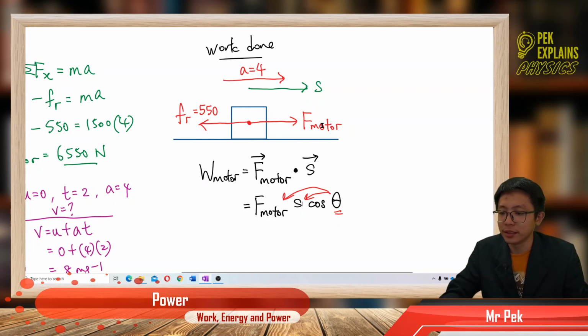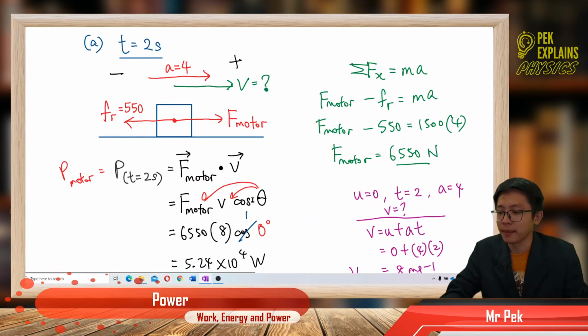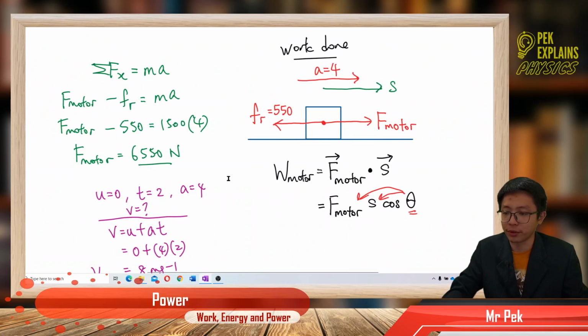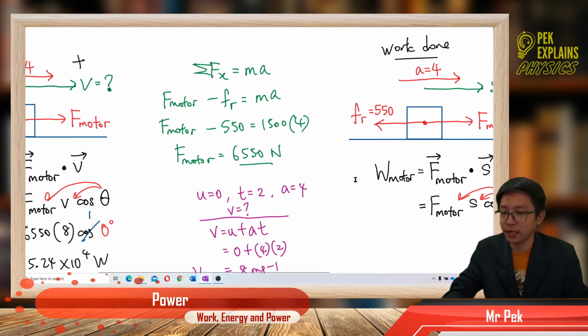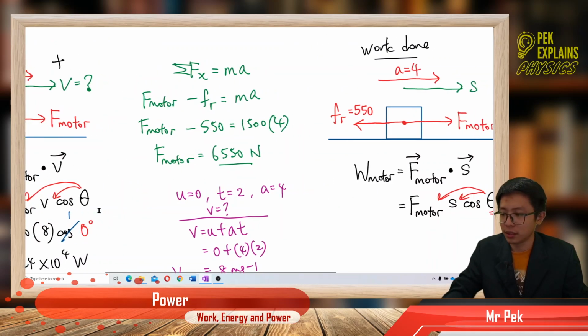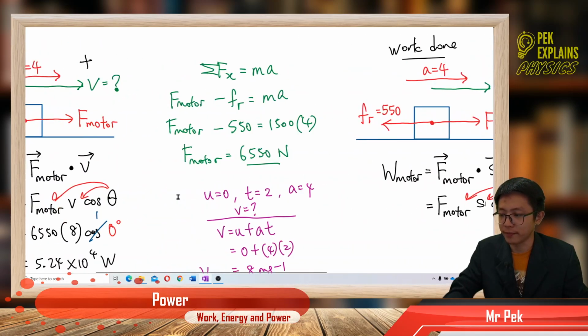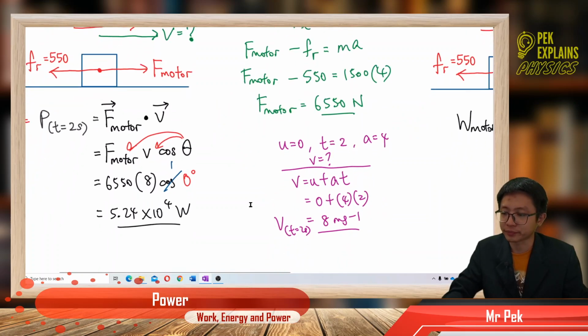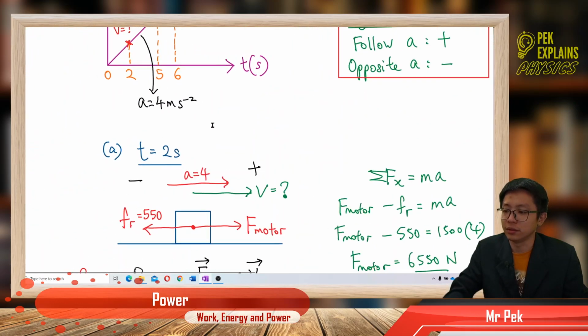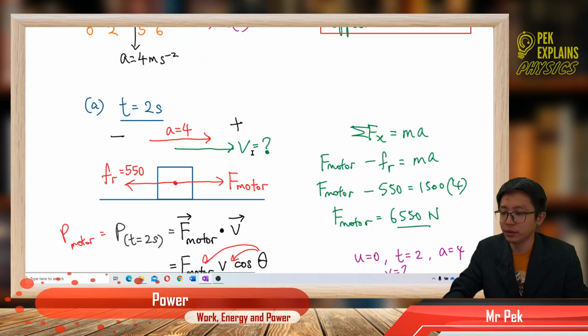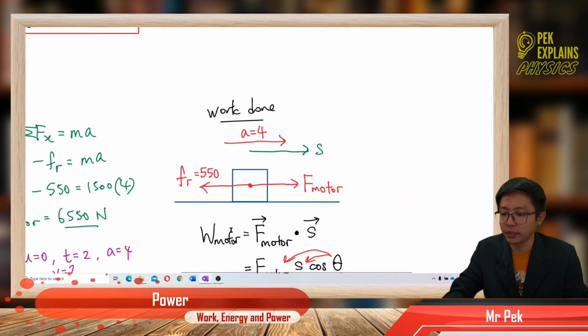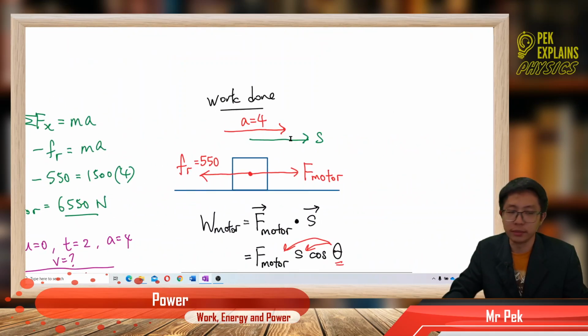But for power, the angle theta is between force and velocity. Both use the dot product and cos theta. Power uses velocity, work done uses displacement.